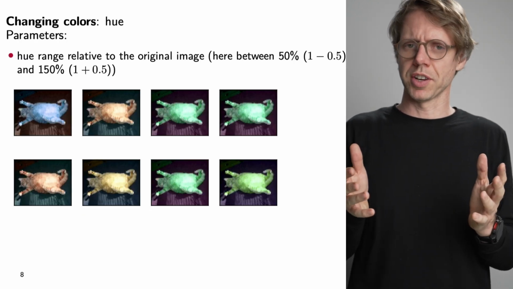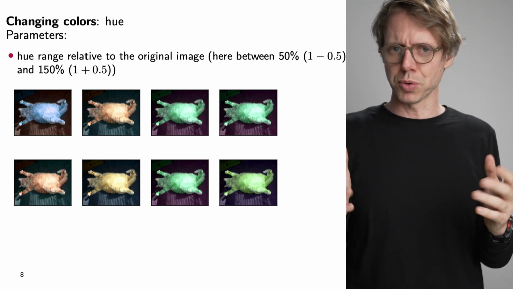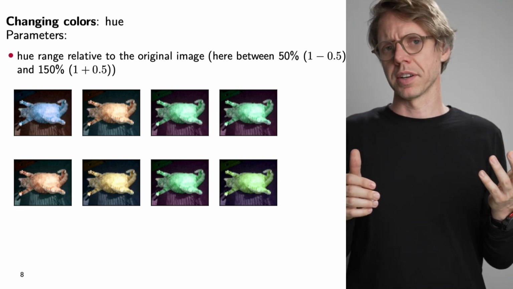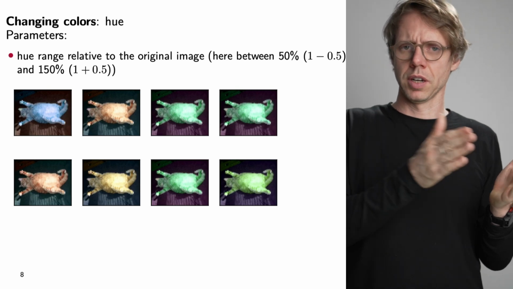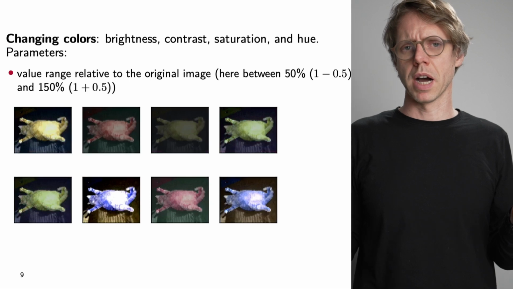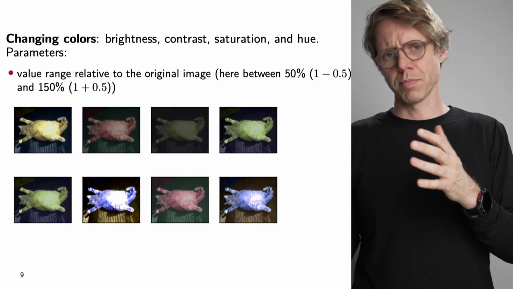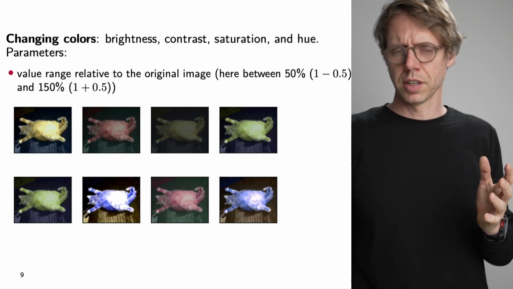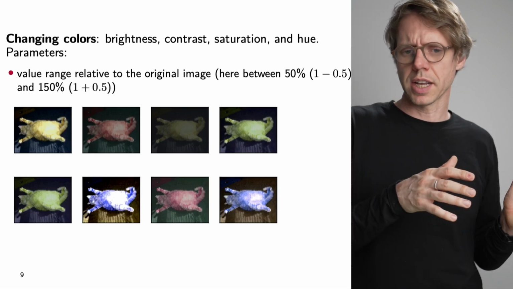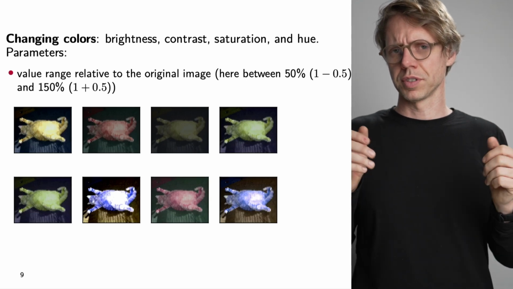Of course, we can not only change the brightness, but also change the color distribution by changing the hue. For example, we might change the hue in a continuous range. And of course, we can combine changes in color with changes in brightness. Additionally, we can change the contrast or desaturation of the image.